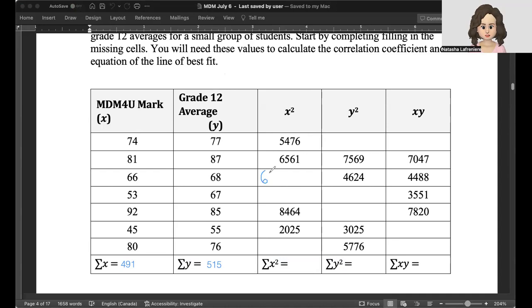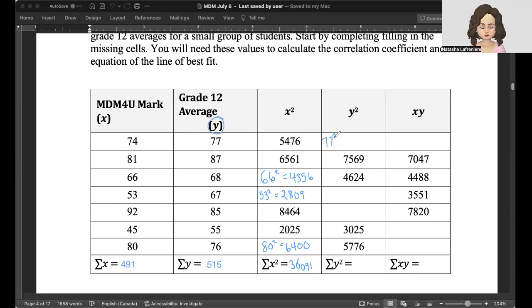So 66 squared is 4,356. 53 squared, and you just work through completing the table. 80 squared gives you 6,400. You total them all up to give you 36,091.